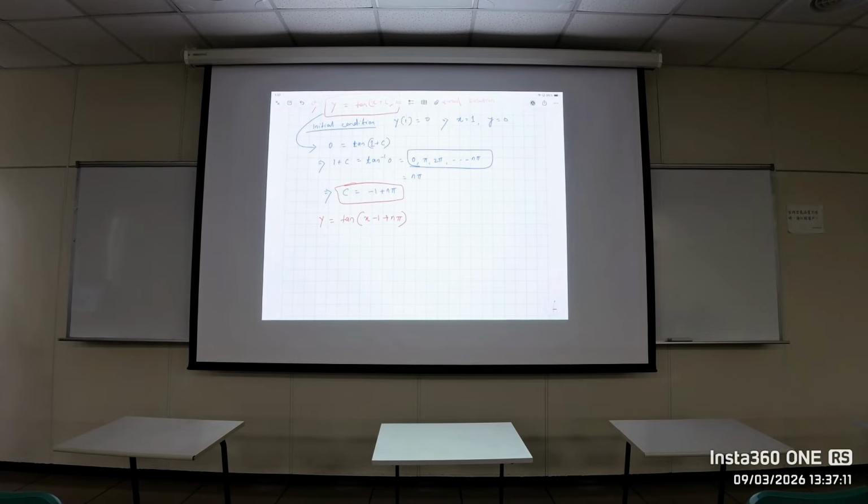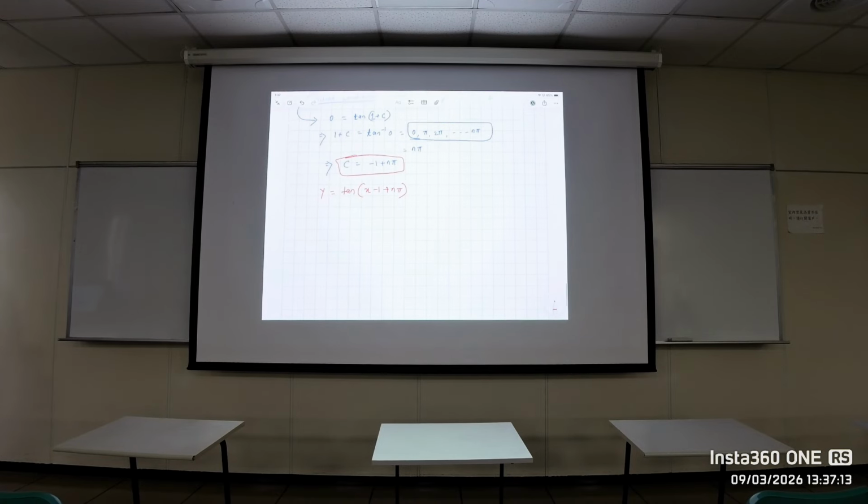Is it making sense? That means I can rewrite this one as simply tan x minus 1. I can drop n pi, it's ultimately becoming 0. That means writing the solution as 0 is also giving us the same solution.